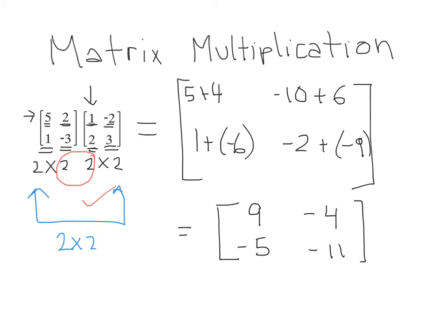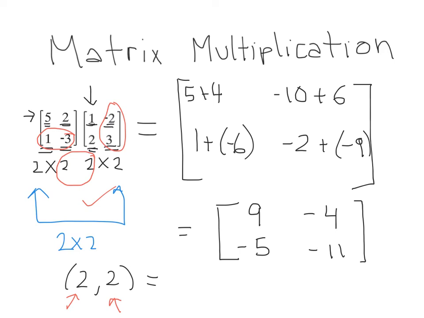Again, I can call up a single entry. So if I said, let's find the 2, 2 entry, what is that equal to? I would take row 2 of the first matrix with column 2 of the second matrix, and I would do that across and down.